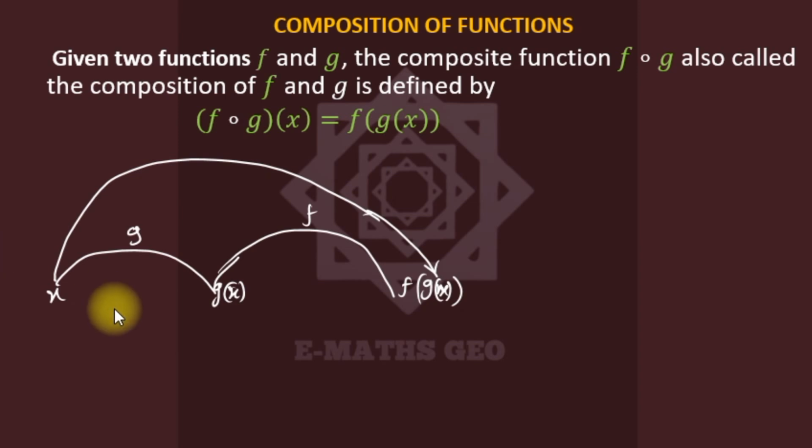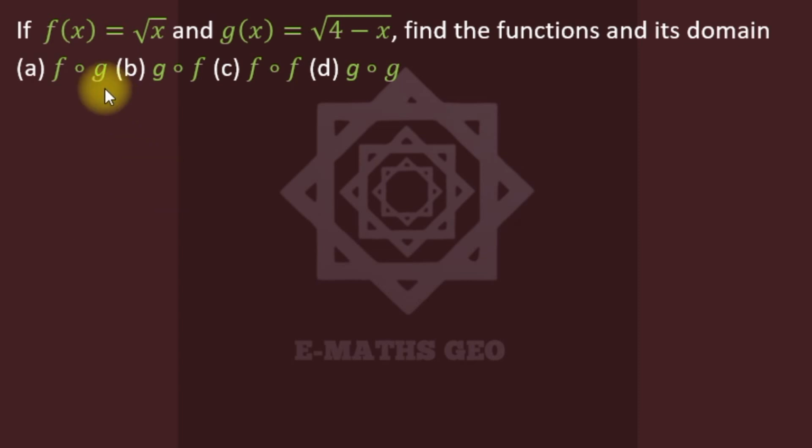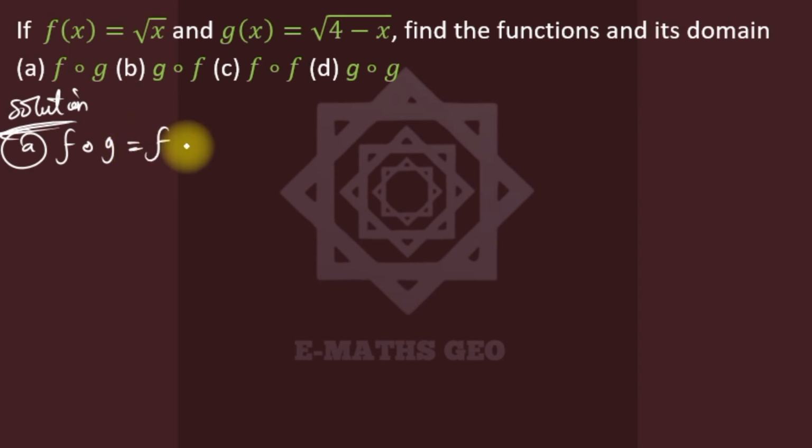So let's use an equation to see what is happening. If f of x is this and g of x is that, find the functions and their domains. The first one, I told you that f composite g means f of g of x. So we substitute.